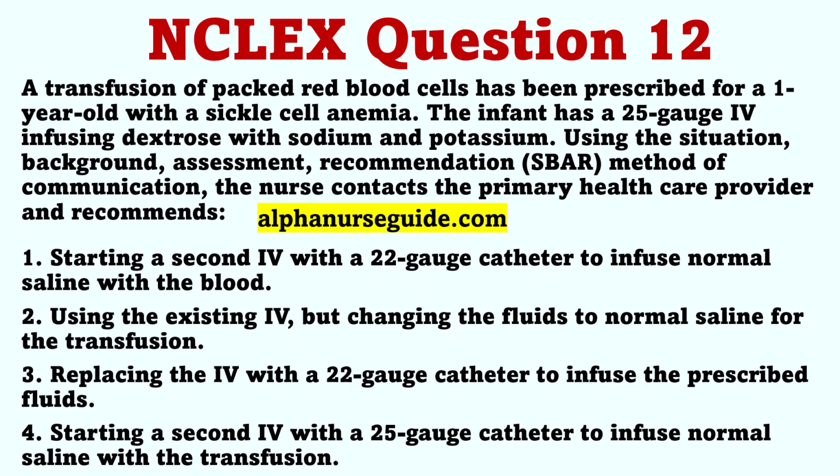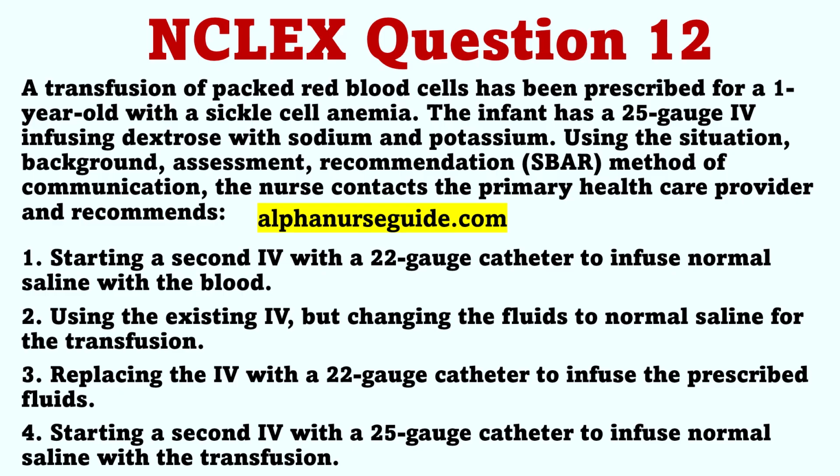A transfusion of packed red blood cells has been prescribed for a 1-year-old with sickle cell anemia. The infant has a 25-gauge IV infusing dextrose with sodium and potassium. Using the situation, background, assessment, recommendation method of communication, the nurse contacts the primary healthcare provider and recommends 1.